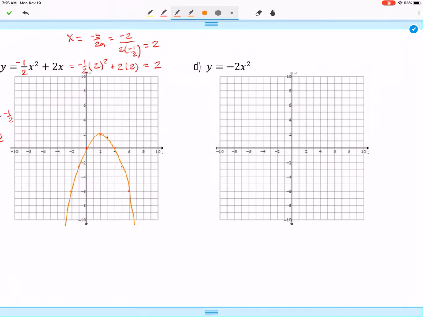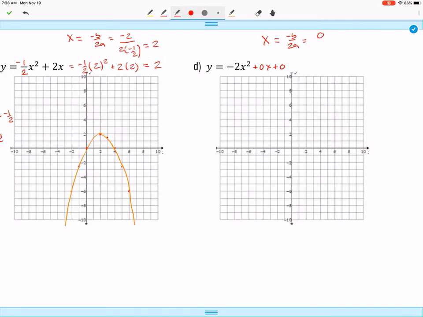All right, D. I'm going to do the same thing. We're going to do our vertex. X in our vertex is going to be negative b over 2a, which gives us, our b is 0. So if we don't have a b here, you could basically write this as 0x plus 0.